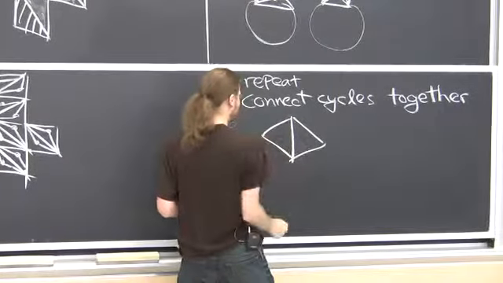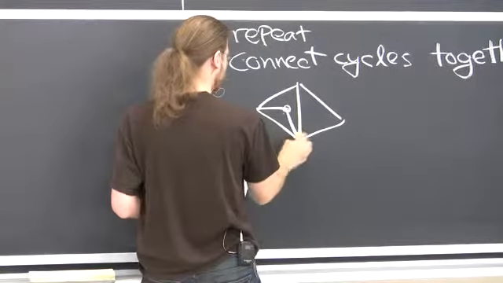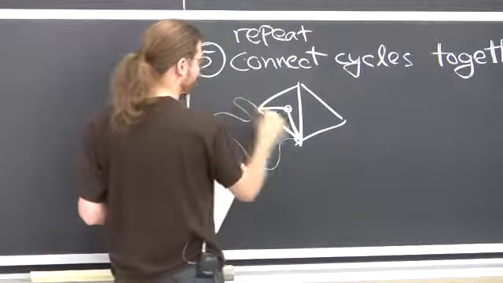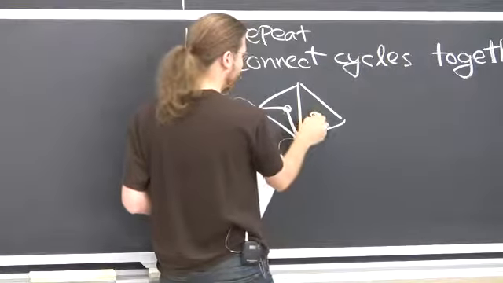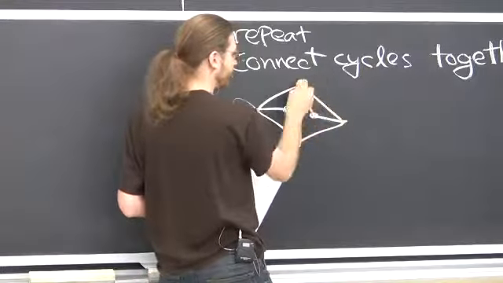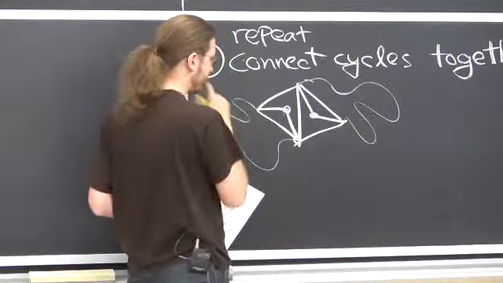Suppose you have 2 adjacent triangles and 2 completely separate paths. So you know it's a cycle. So some cycle over here. And if this guy shared a vertex, then I could actually connect them together. So suppose it doesn't share a vertex, that means it has to use these 2. And then something like that.